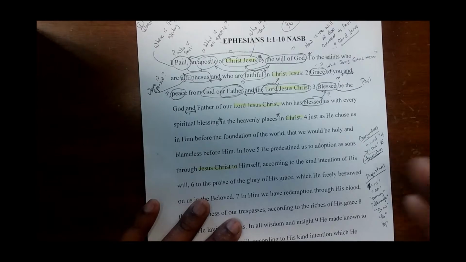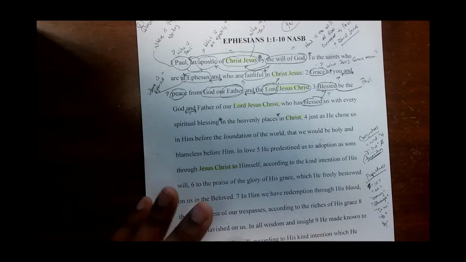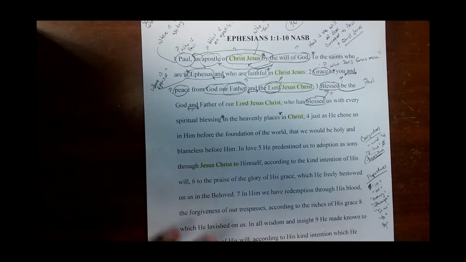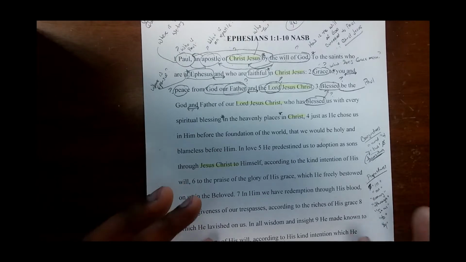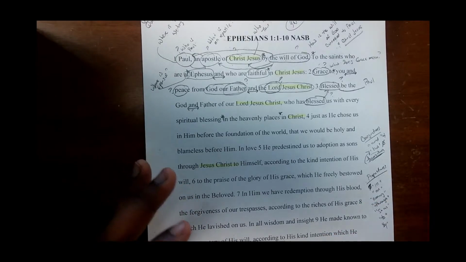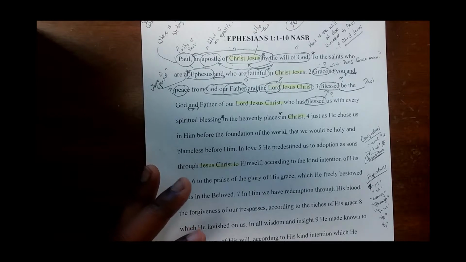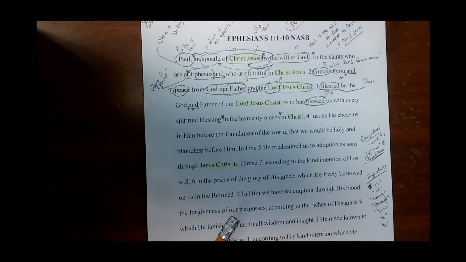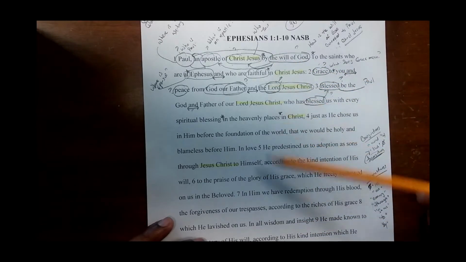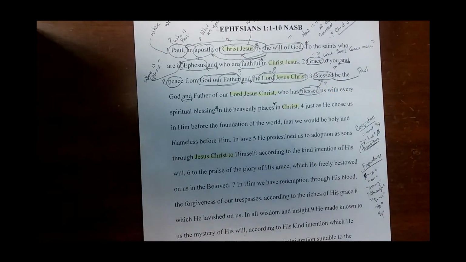Now, I didn't bring up exactly word for word what he said, but I paraphrased or at least summarized what he said, so that she gets the main point. That's kind of what I want you to do here. I want you to take these verses and write them in your own words.